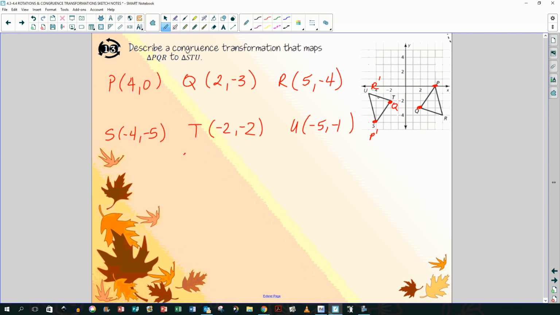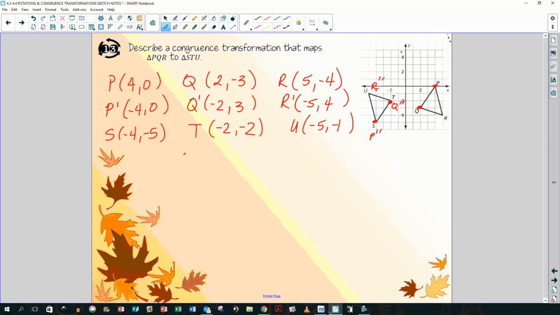So if I rotated it and then slid it, actually these would be double primes, sorry, because this is where we're ending up. So our P prime, Q prime, and R prime, if I rotated 180 degrees, the rule is that they just switch signs. So -4, 0, -2, 3, -5, 4.